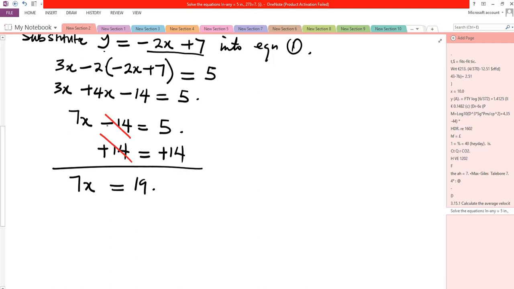Just like here it is subtracting, here you do the opposite, which is plus. So minus 14 plus 14 will knock it off. This one is multiplying x, so you divide it by 7 and also divide this by 7. So you have x is equal to 19 all over 7.